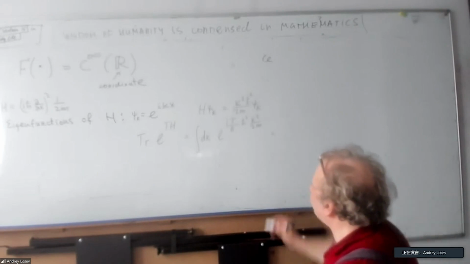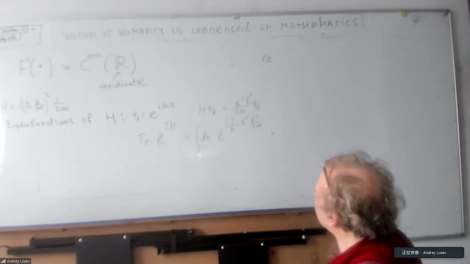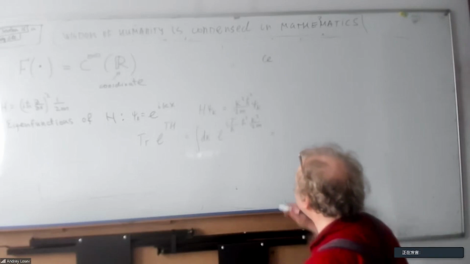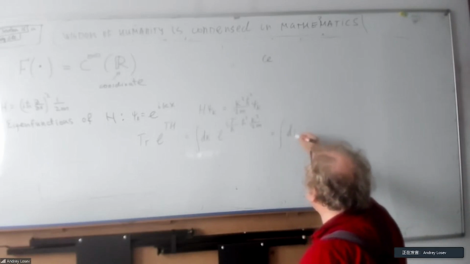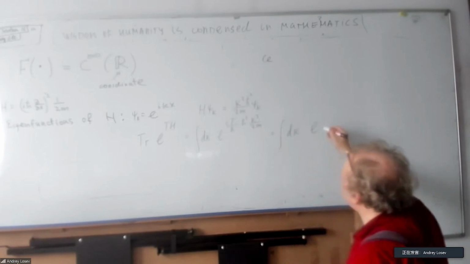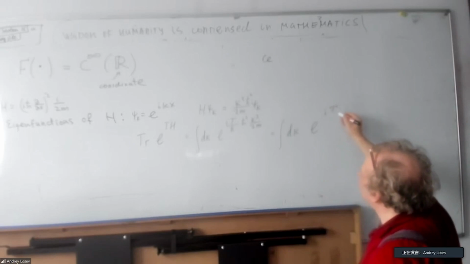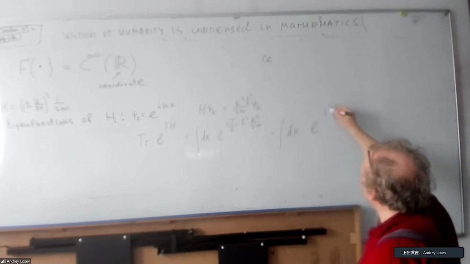So up to the factor of pi and i, what do I have? I have the integral over dk of e to the i t times h over m.